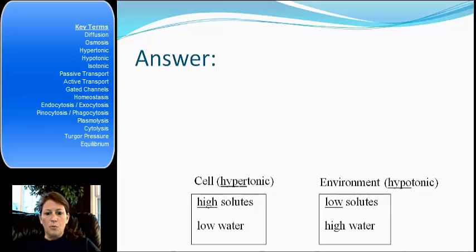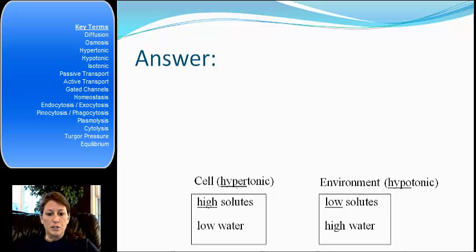Okay, so what I've done here, and if you need to do this every time, that's fine, unless you can visualize it. But I'm going to go ahead and draw it out. So my cell is hypertonic. We're assuming the environment is hypotonic because it did not indicate that, just like on the page where it indicated the 20 and the 10% salt. So I'm assuming it's the opposite unless it gives me more information. Okay, so my cell is hypertonic.